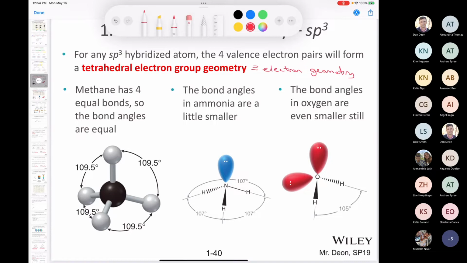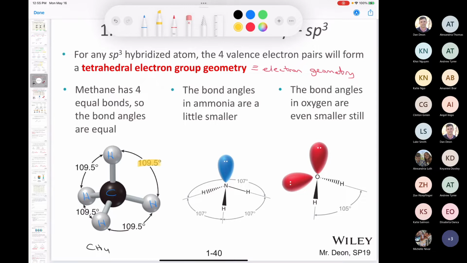If you look at methane, which is CH4, you see that you have the carbon in the center here and the 4 hydrogen atoms, and they spread out to form not only a tetrahedral electron geometry, but also molecular geometry, because there are no lone pairs on the carbon. Each one of the bond angles is roughly 109.5 degrees.